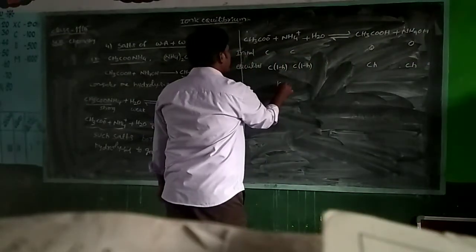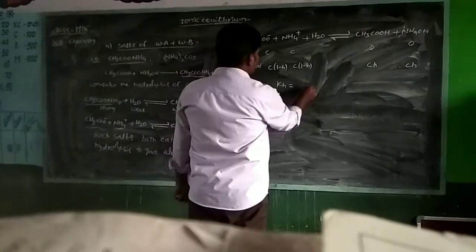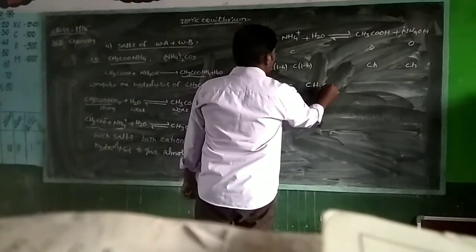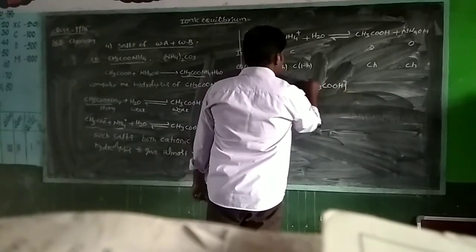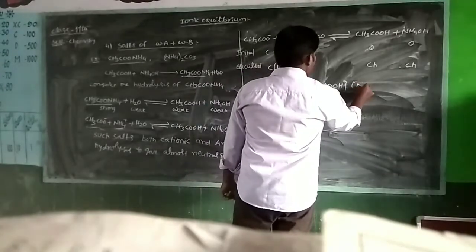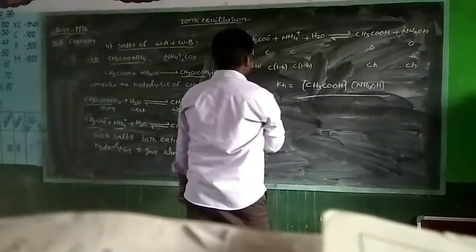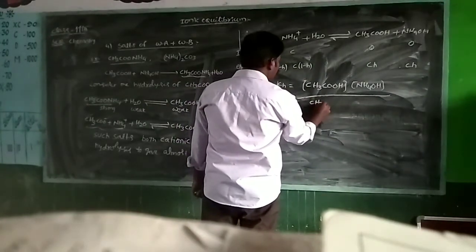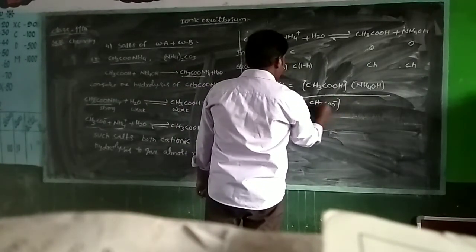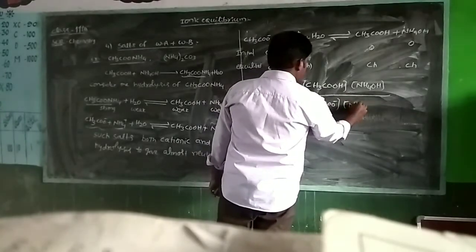We have to find the KH. KH is equal to the CH3COOH concentration times the NH4OH concentration upon the CH3COO minus and NH4 plus concentration.